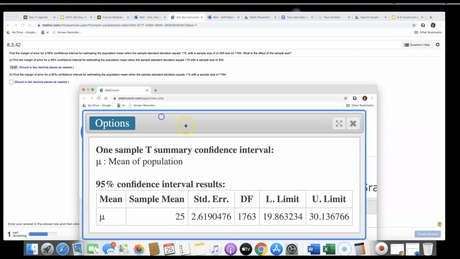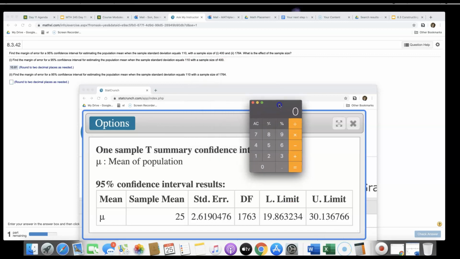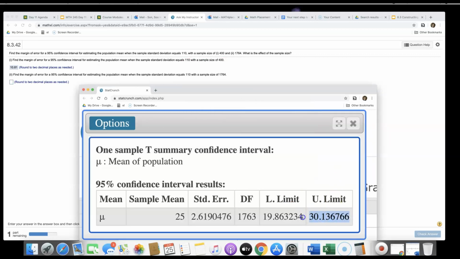Now, the answer is not here. We're about to find it. Now, listen, margin of error is going to be the upper limit minus your point estimate, okay, your sample mean. So once my calculator pops up, I take the upper limit and subtract your sample mean.